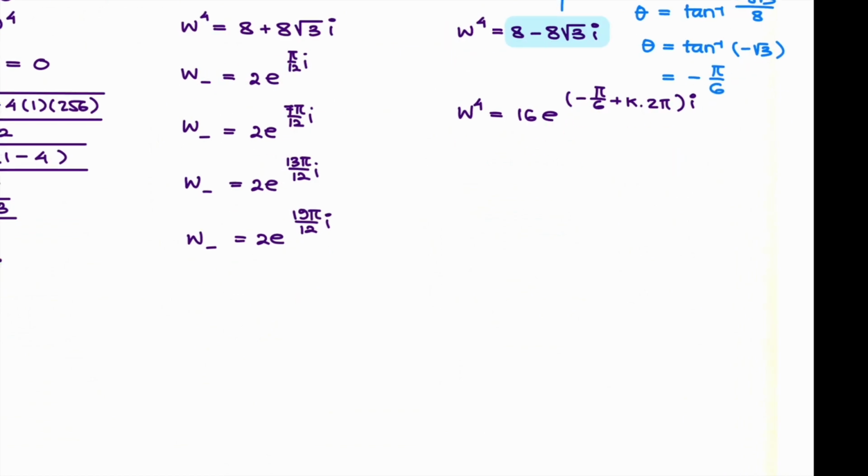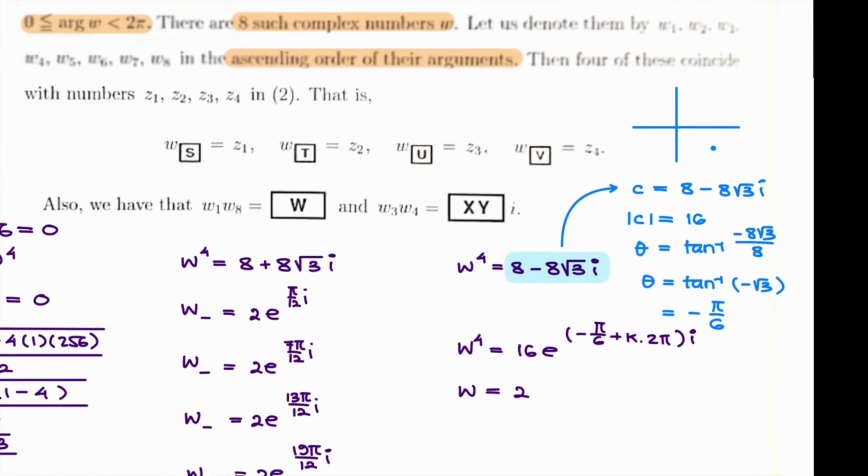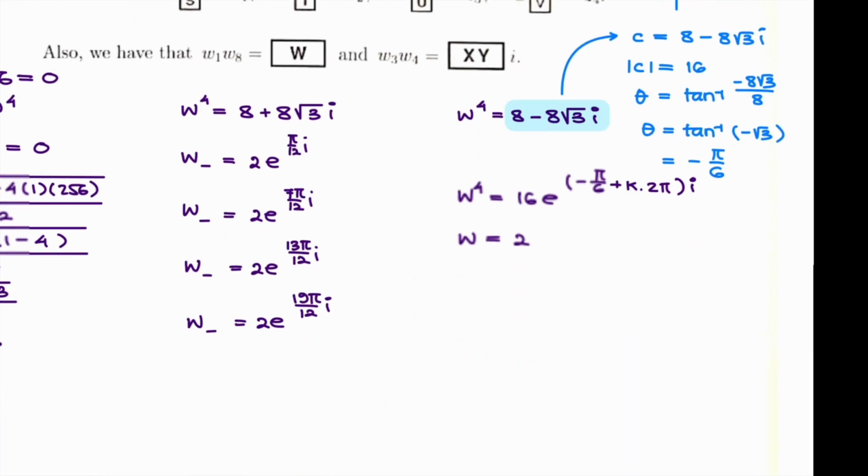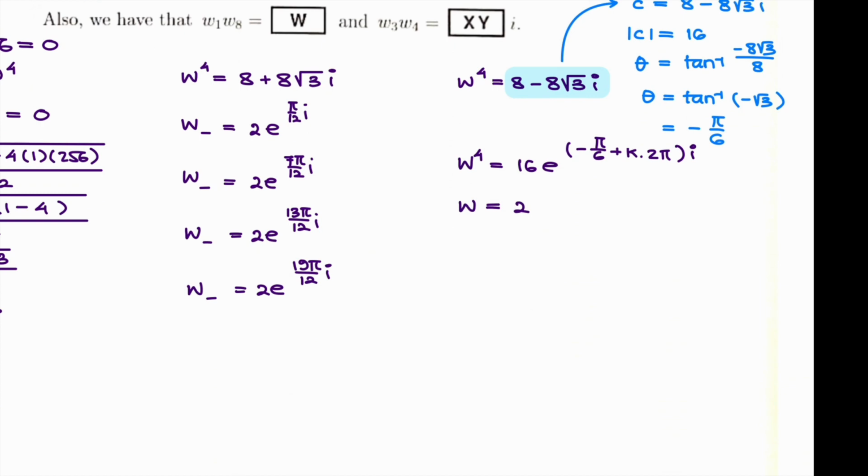And then since we want to find W, we can take the fourth root on the right hand side. So W equals, the fourth root of 16 equals 2. Sorry, this is not pi over 6, this is basically pi over 3, my bad. I made a careless mistake here. Wait a second, let me redo it. Pi over 3 here.